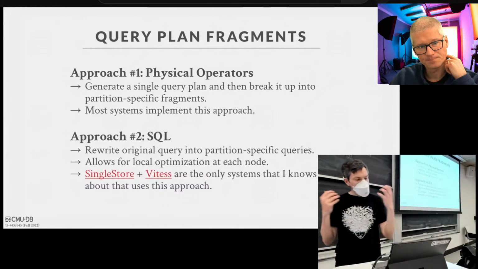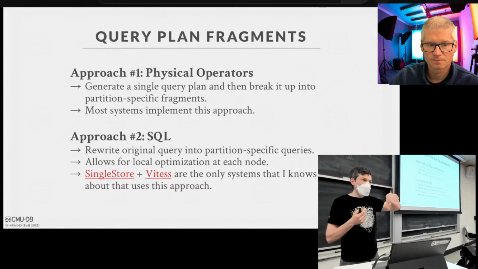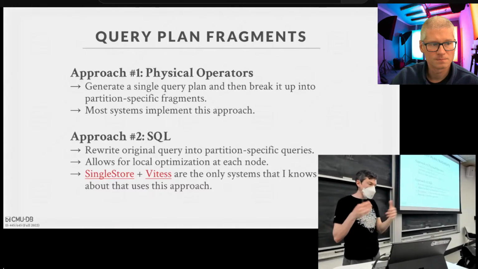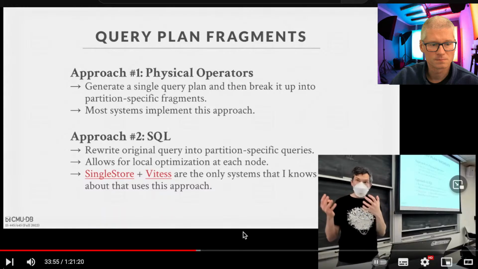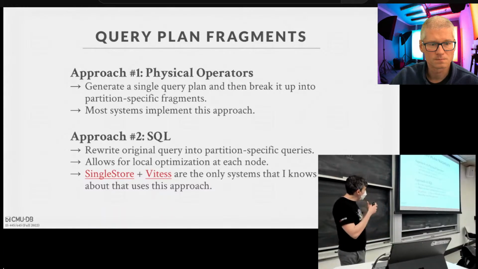All right, so I showed before also that there's one node sending a request down to another node, and I said it was a plan fragment, but I didn't really define what that actually physically looks like. So there are two approaches to send out plan fragments to different nodes in a distributed system.